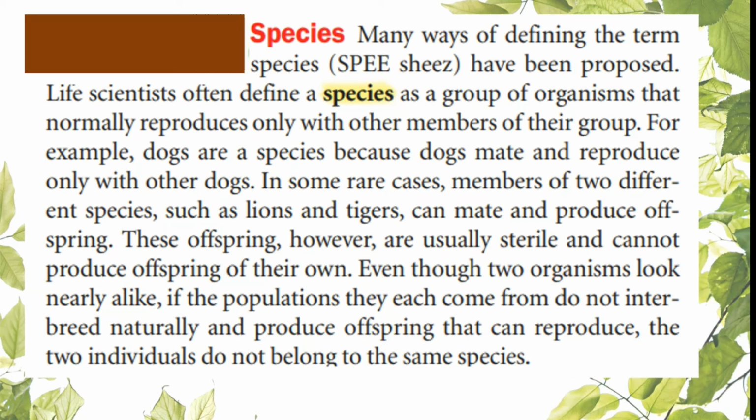These offspring, however, are usually sterile and cannot produce offspring of their own. Even though two organisms look nearly alike, if the populations they each come from do not interbreed naturally and produce offspring that can reproduce, the two individuals do not belong to the same species.